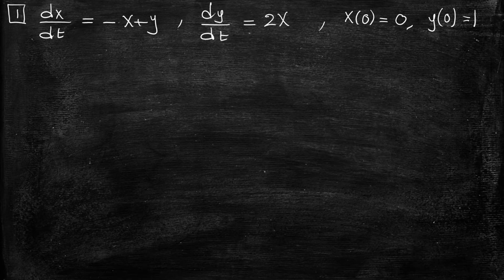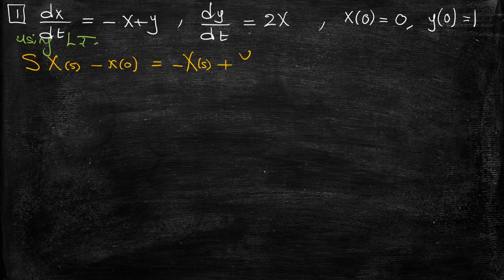To solve this using Laplace transform, we end up with s x of s minus x of 0 equal to minus x of s plus y of s. The second equation is s y of s minus y of 0 equal to x of s. Substituting the initial conditions, x of 0 is 0 and y of 0 equal to 1.